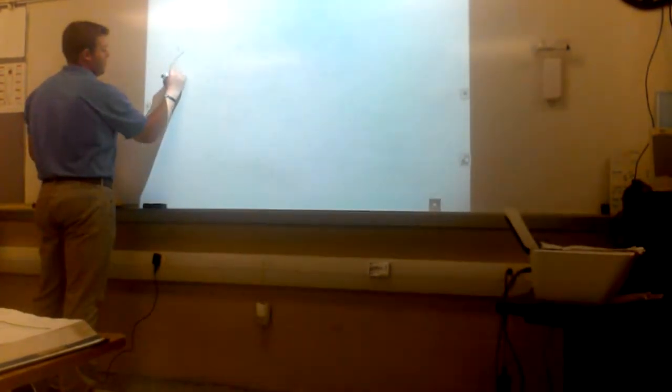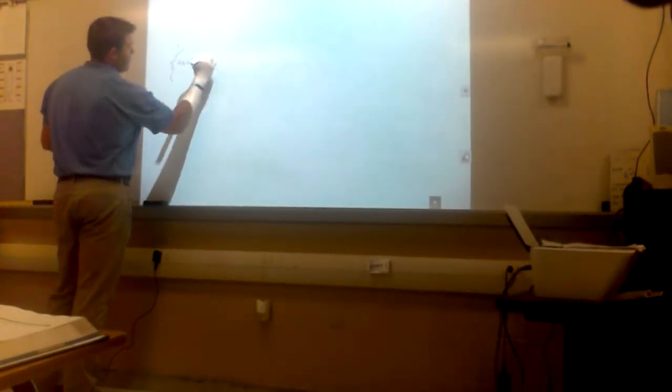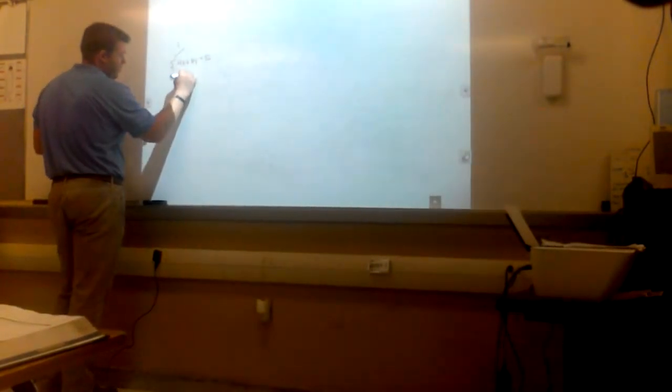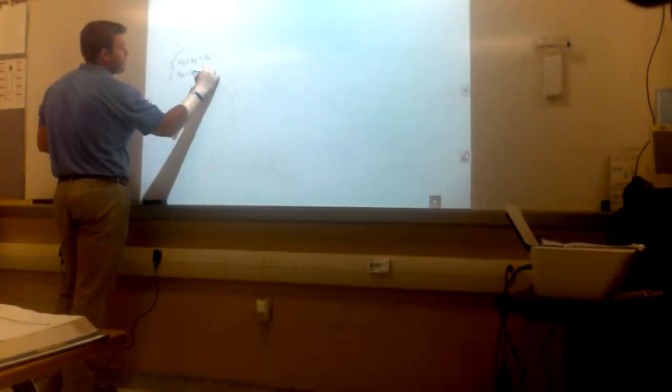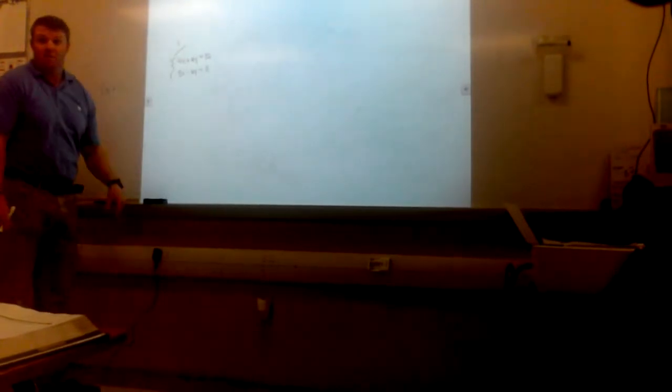Example 1. We have 4x plus 6y equals 32, and 3x minus 6y equals 3. Which variable has opposite coefficients? The y's, 6y and negative 6y. They're opposite.